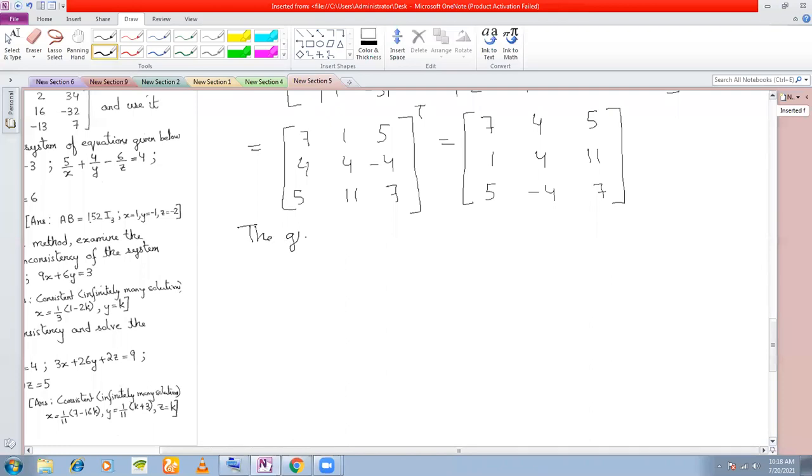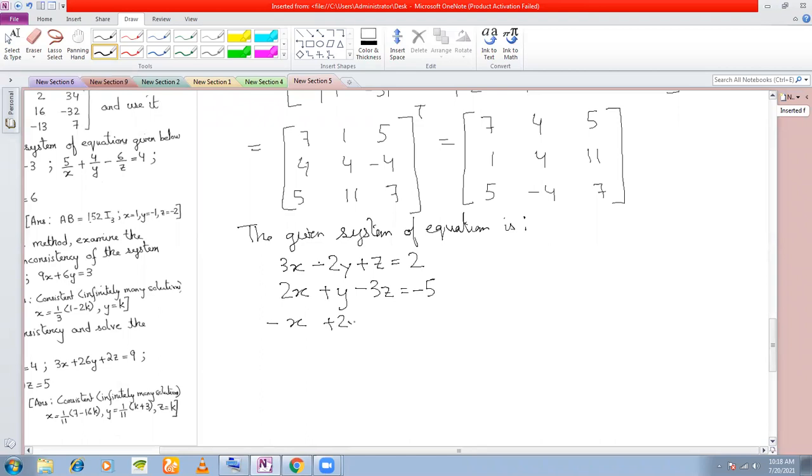The given system of equations is, write down x below x, y below y. 3x minus 2y plus z is equal to 2. 2x plus y minus 3z is equal to minus 5. Minus x plus 2y plus z is equal to 6. This is the given system.